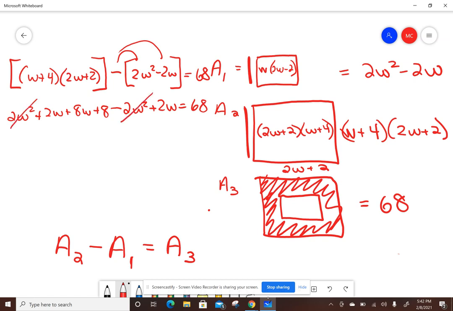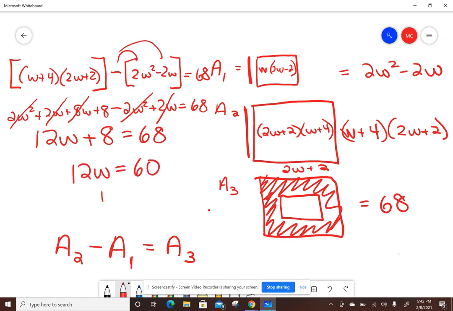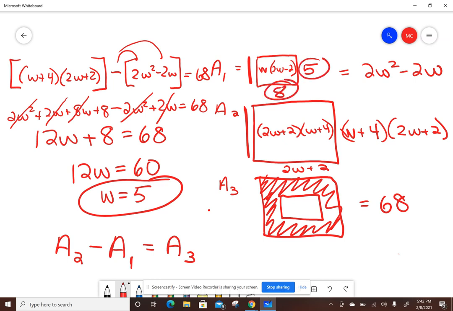So my 2W squareds cancel out. 2W plus 8W is 10W, so that's 12W plus 8 equals 68. So 12W equals 60. W equals 5. And if W is 5, 2 times W is 10 minus 2 is 8. So the dimensions of the picture are 5 by 8.